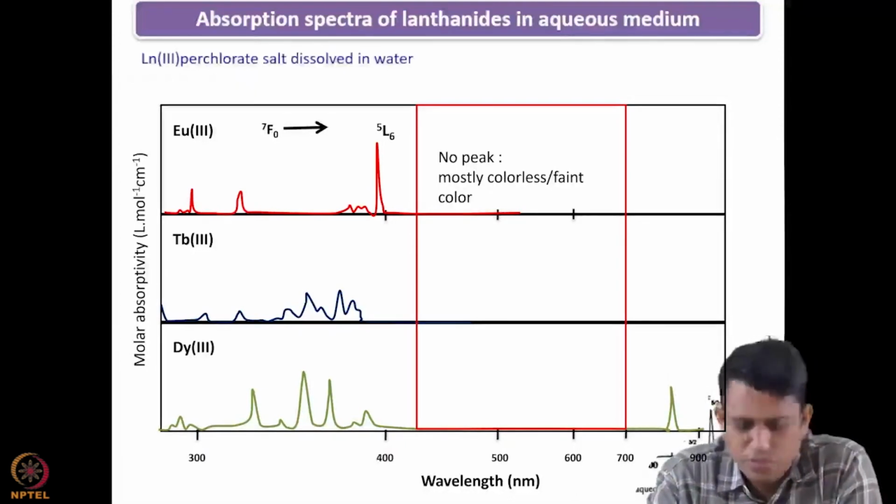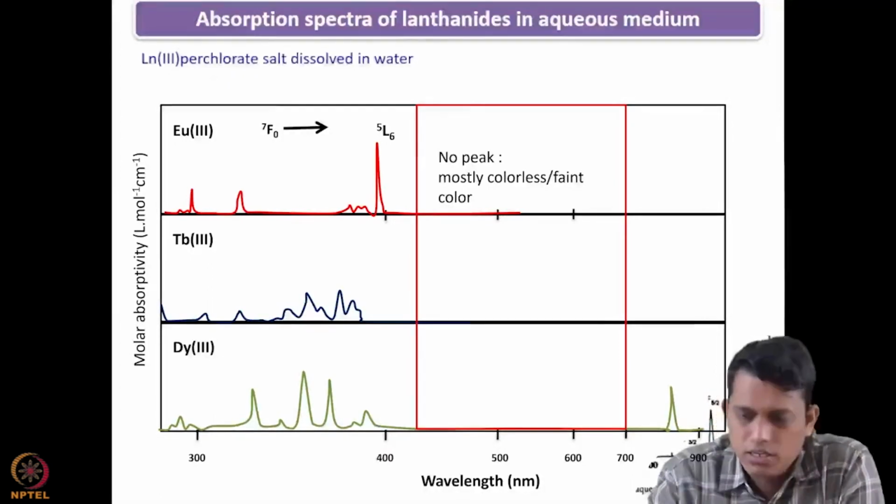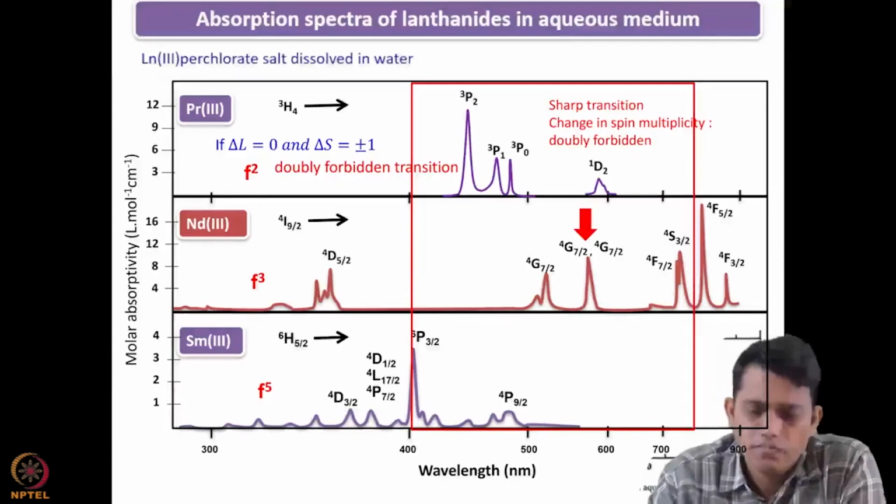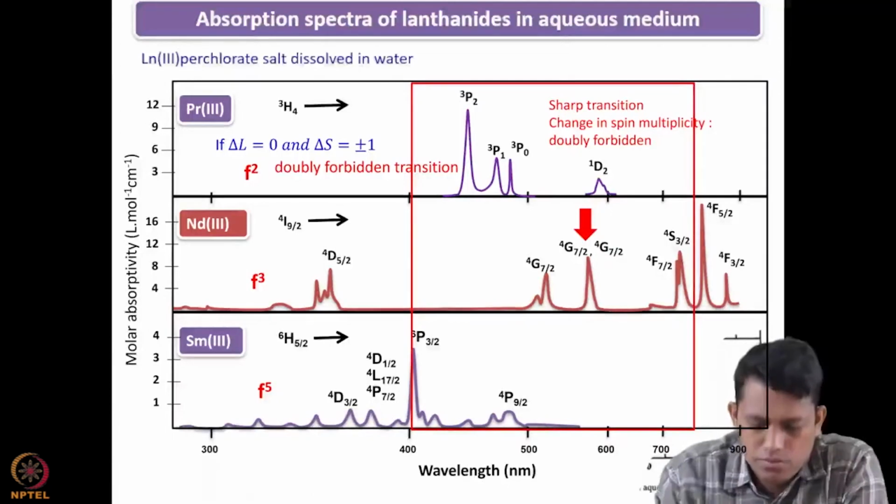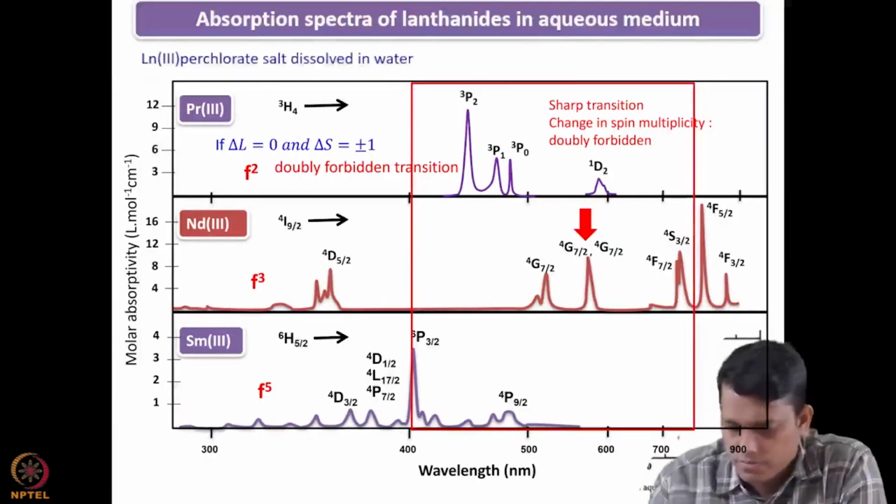Again you have different prominent peaks. So what is the use? One of the uses of these transitions is the colors that you get. You can see that in all these we have some transitions in the visible region. When I say visible region, I am talking about maybe 400 to 700 nm.